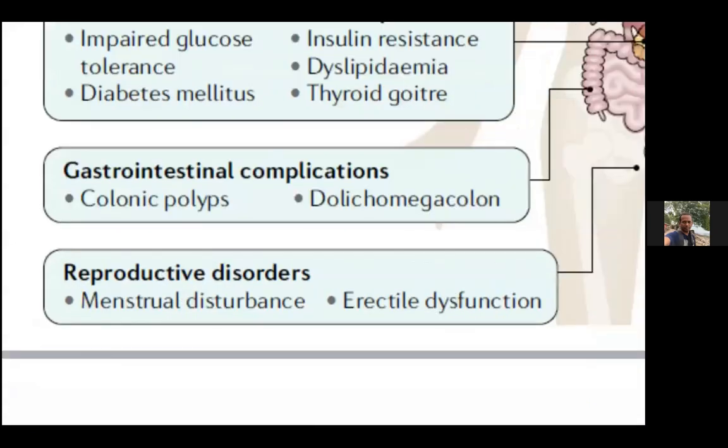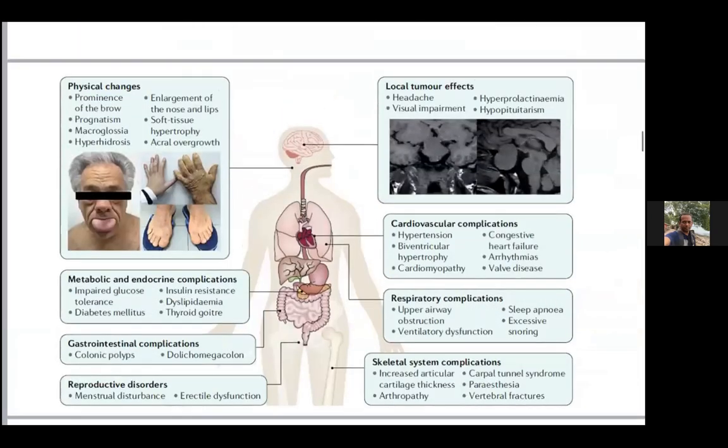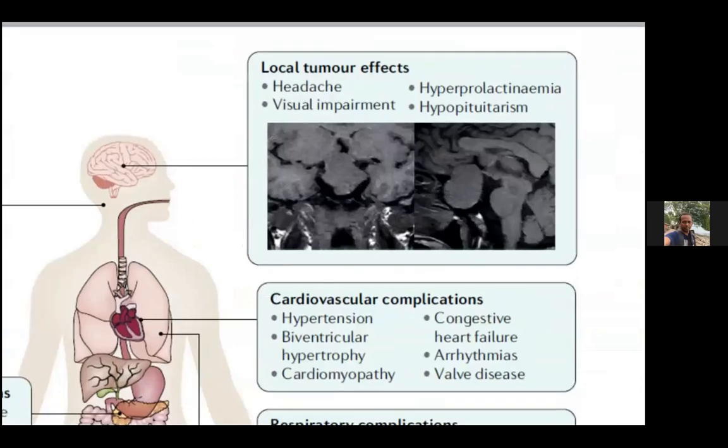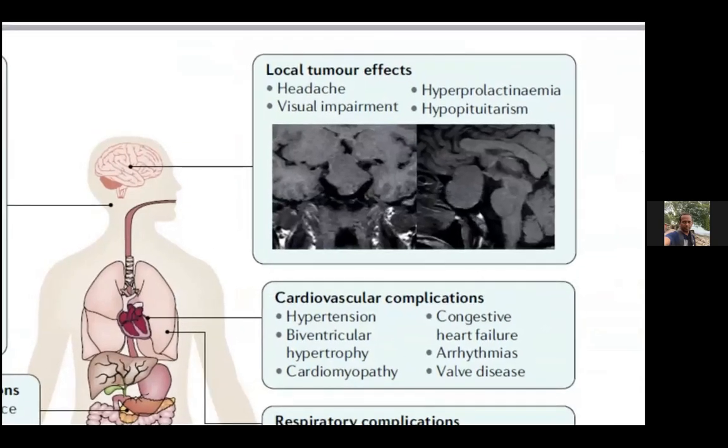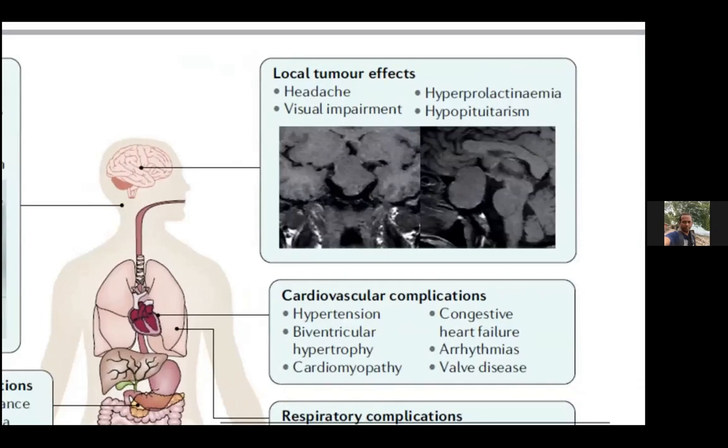And coming to the reproductive disorders, you have menstrual disturbances because of pressure symptoms and adjacent hormones being involved. In men, the patient may have erectile dysfunction. As we know, the adenoma in the pituitary is located just beneath the optic chiasm.